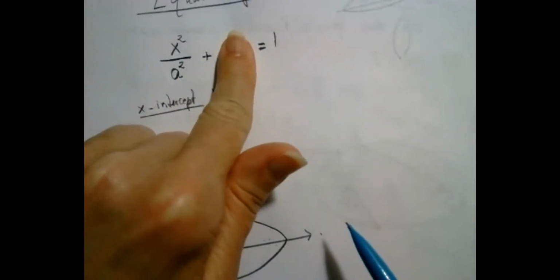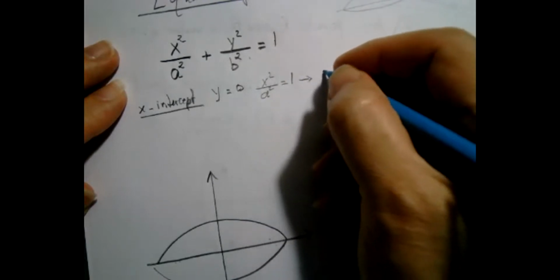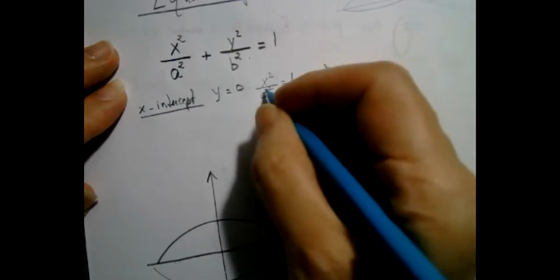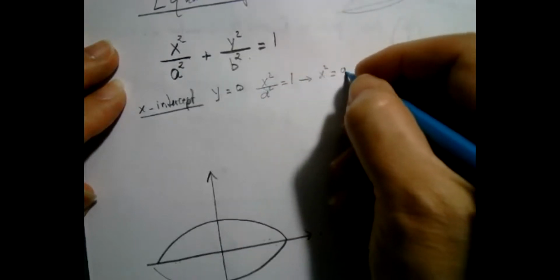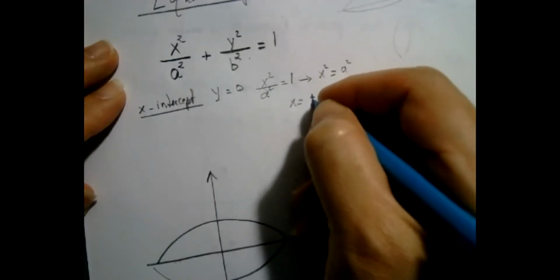The shape will be some kind of an ellipse, and the question is, when does it hit the x-axis? So what happens if y is 0? We have x squared over a squared equals 1. It means x squared equals a squared, so x is plus or minus a.